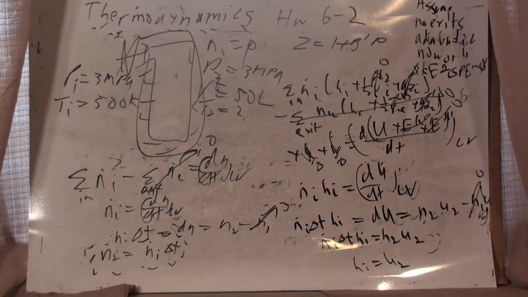So that's half the problem. Well, more like 3/4 of the problem. HI equals U2. Now we just need to get HI and U2 into a place where I can actually calculate it. And again, this is a departure function, so this is going to be a little goofy, but that's okay.